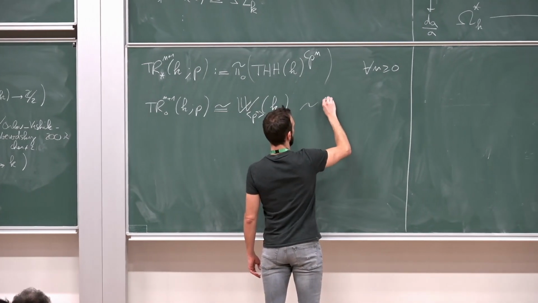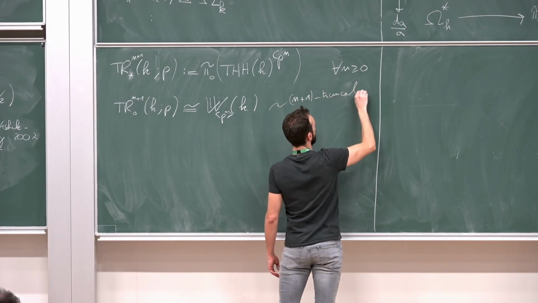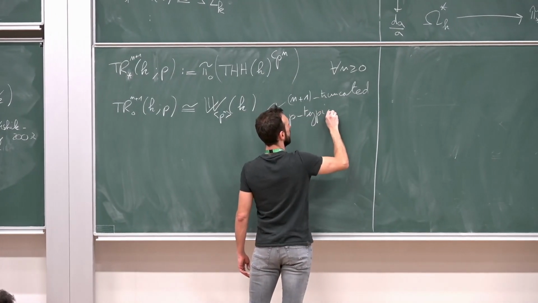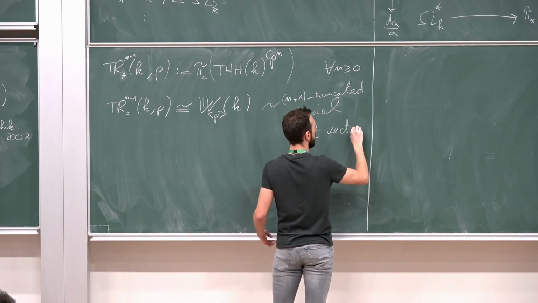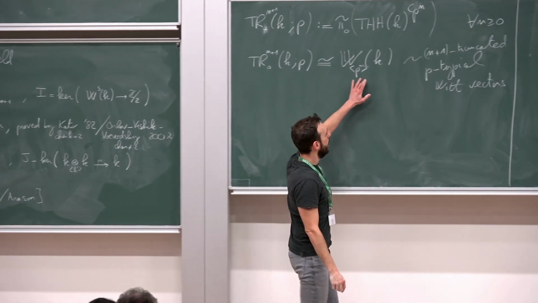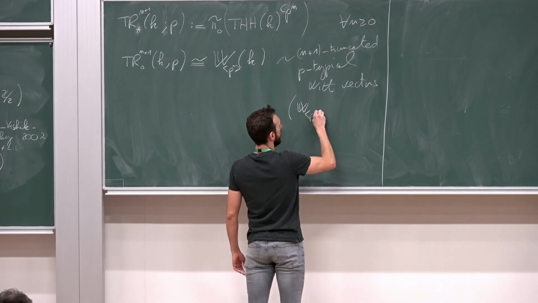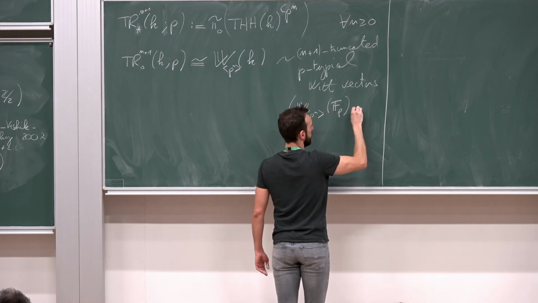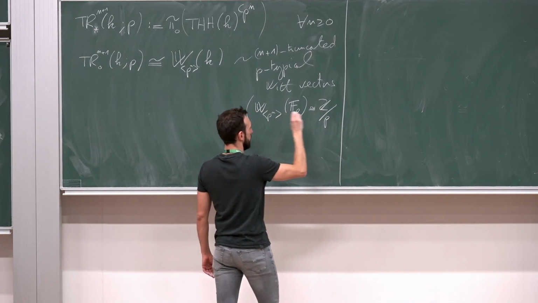So this is called the (n+1)-truncated p-typical Witt vectors. Not to be confused with the Witt group we had before, it's something else. And the standard example is that if you apply this construction to F_p, you get Z/p^(n+1).